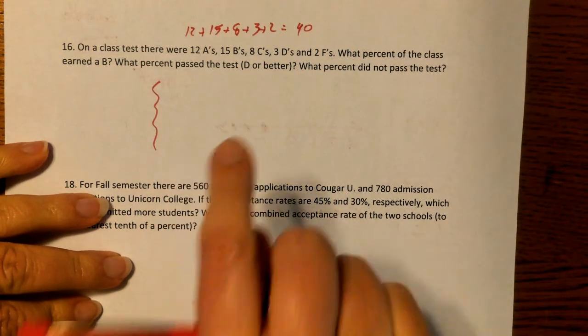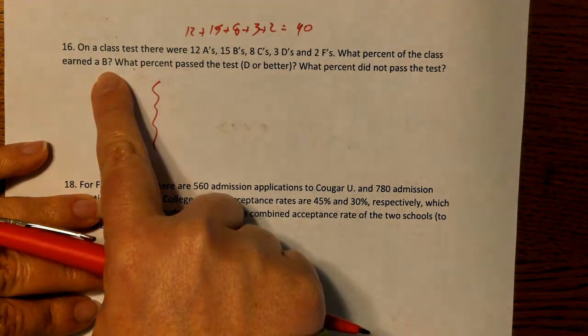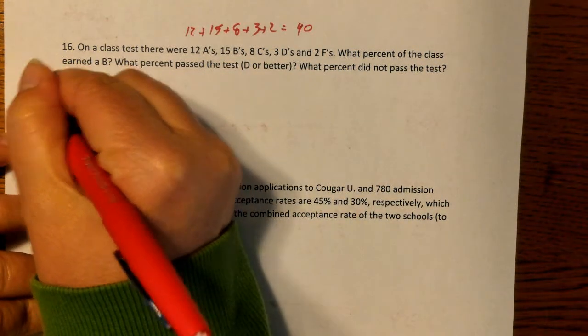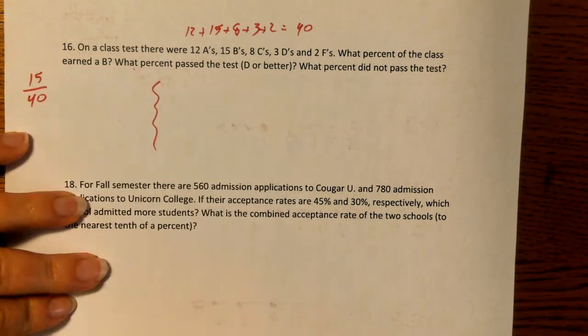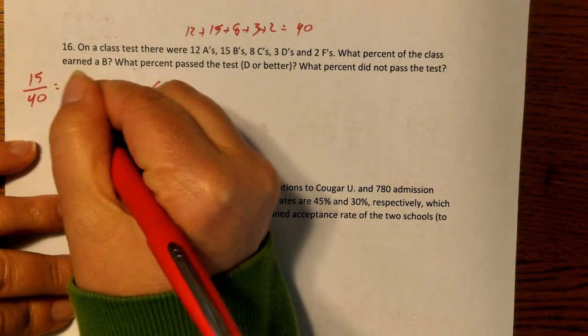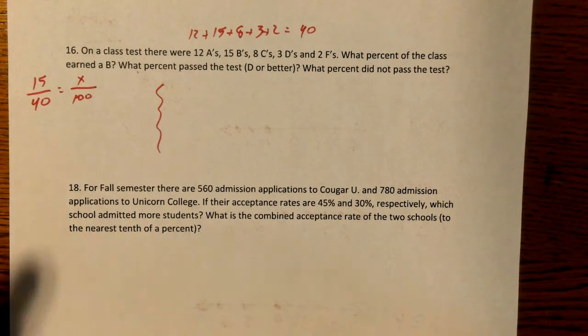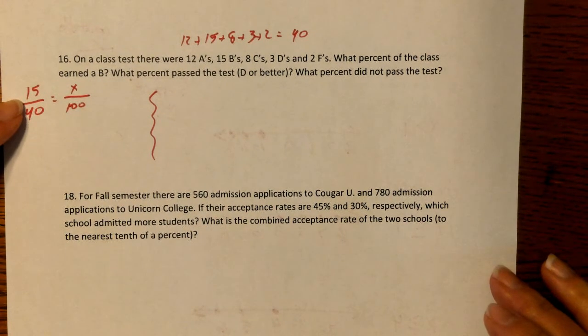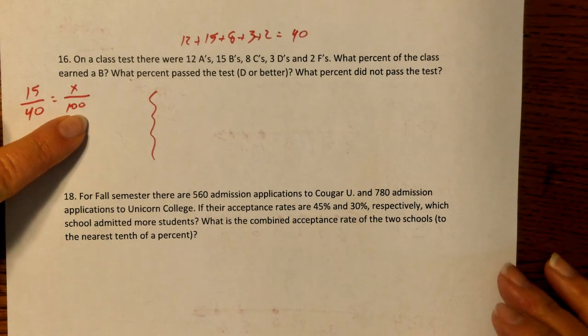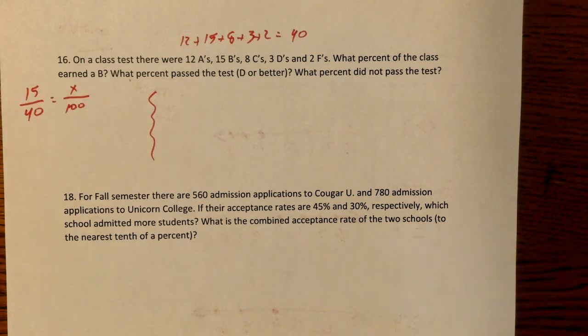So for question 1 here, what percent of the class earned a B? Well, there were 15 B's. 15 out of the 40 people earned a B. So we need to know what percent that is. That would be x out of 100. In other words, if 15 out of 40 earned a B, but if there were 100 in the class, however many got B's would be our percent.